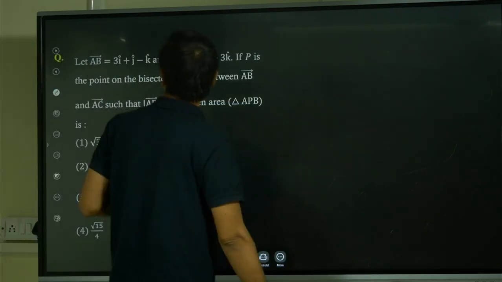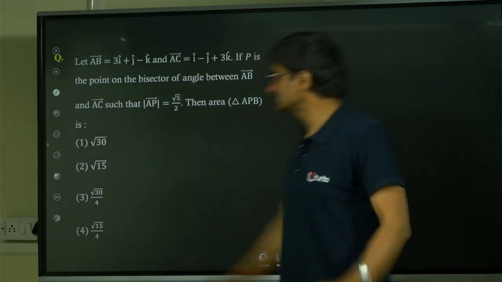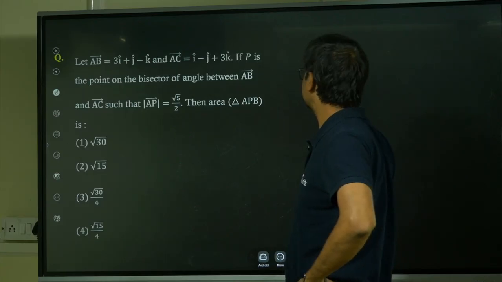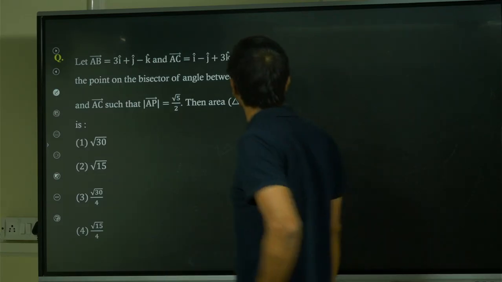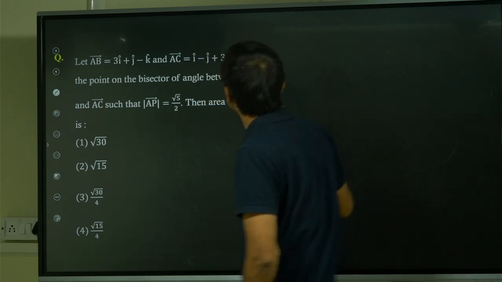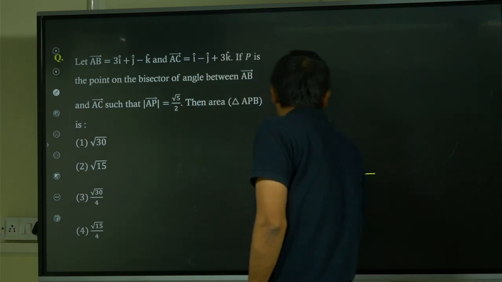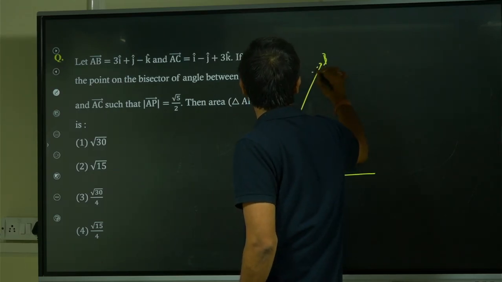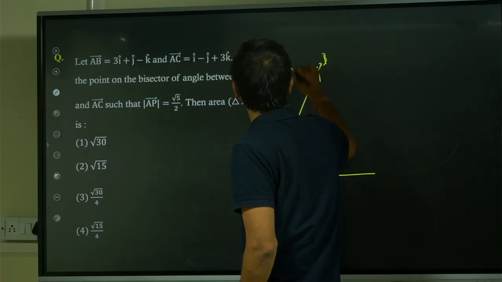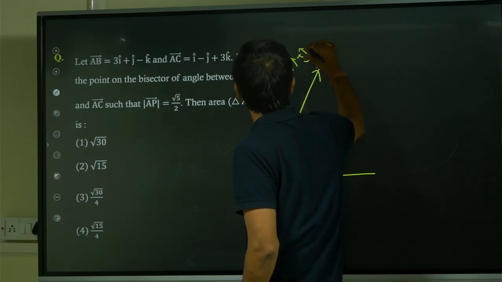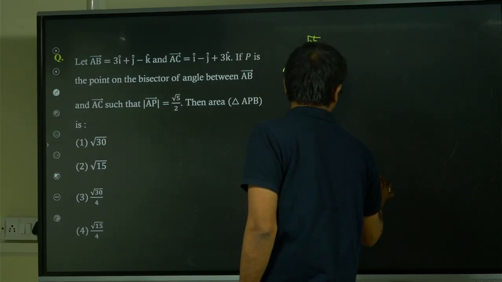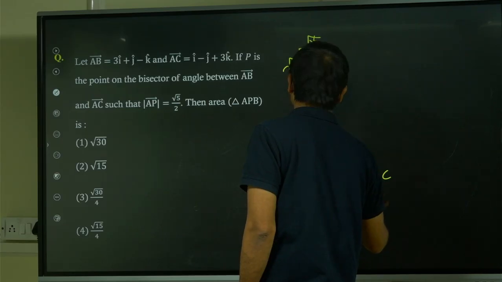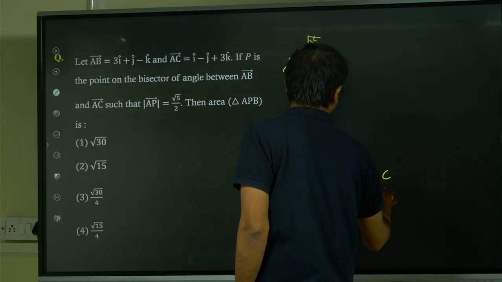Moving to the next one, a question of vector. Let vector AB be 3i cap plus j cap minus k cap, vector AC be i cap minus j cap plus 3k cap. Let's say for me this is A, the origin, this is B, AB is 3i cap plus j cap minus k cap, AC is i cap minus j cap plus 3k cap.